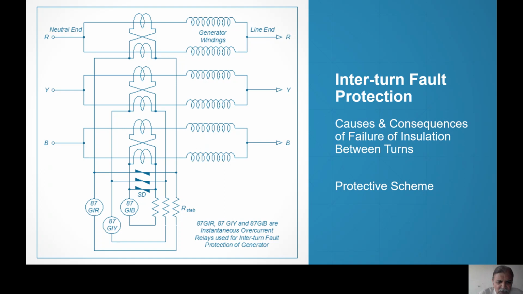Here also we have kept surge diverters to bypass the high frequency surges, the noise, so that the relays in JR, JY and JB operate only for fundamental frequency currents.